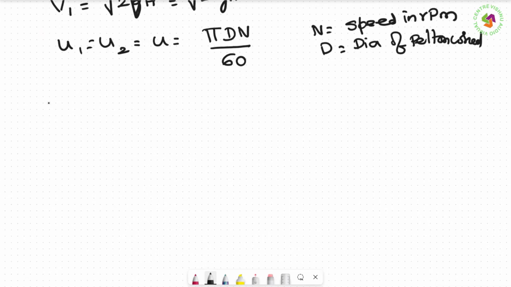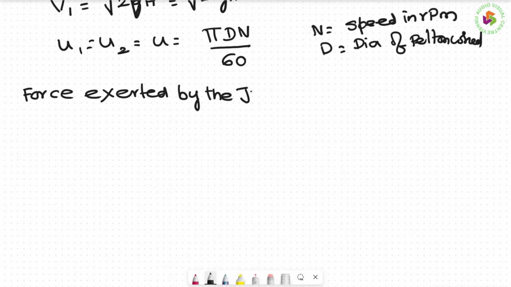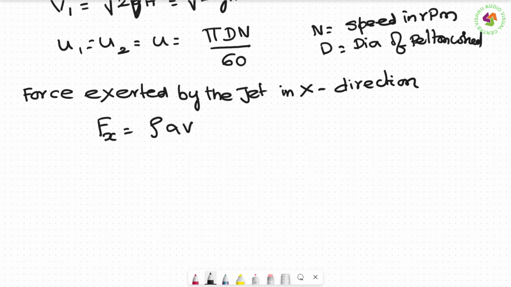Already we have determined the force exerted by the jet in x direction: Fx is equal to rho A V1 into (VW1 plus VW2). This we have already derived using the impulse momentum equation.